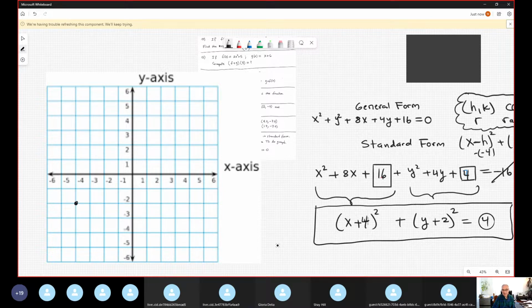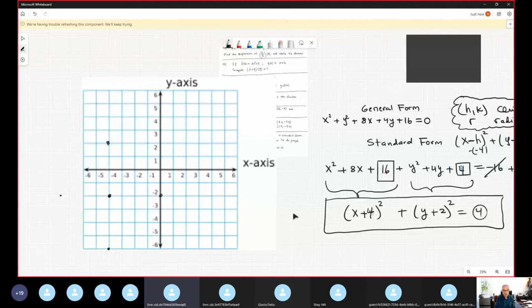And the radius is 4. And 4: 1, 2, 3, 4 upward, 1, 2, 3, 4 downward, 1, 2, 3, 4 to the right, and 1, 2, 3, 4 to the left. It's completely outside, but it's okay.